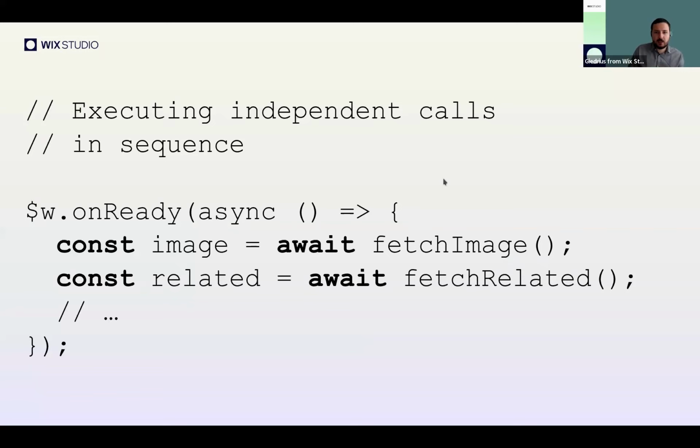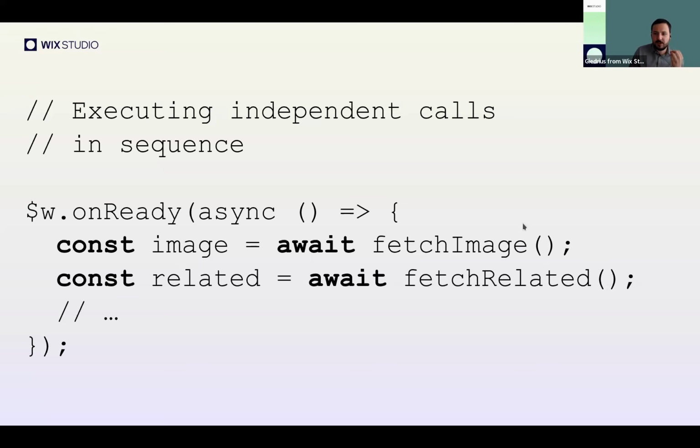Another thing that we often notice that users overlook is independent calls. If you look at this code example, imagine this could be two data queries, this could be something else, and we're using async await. We're fetching some image, we're fetching related, and what await does is it serializes all of those operations.